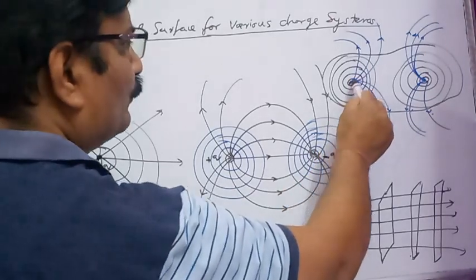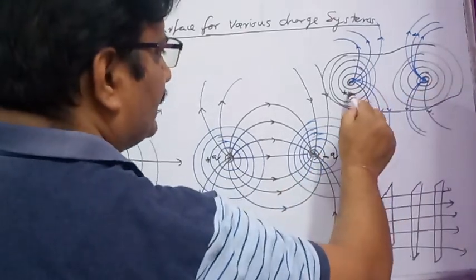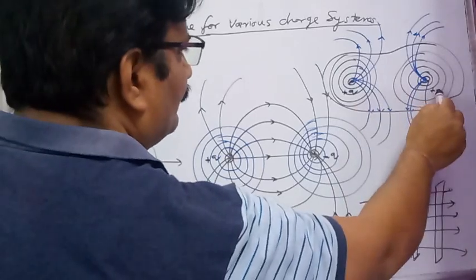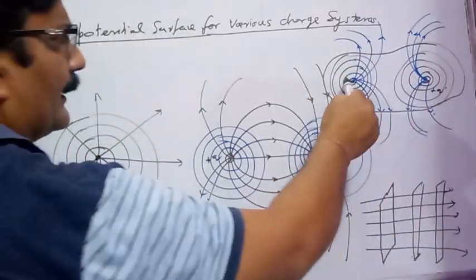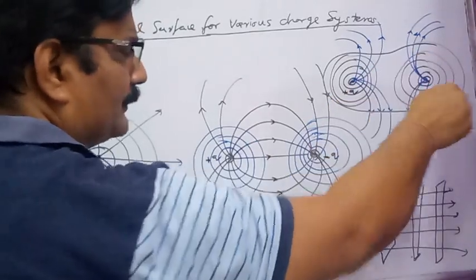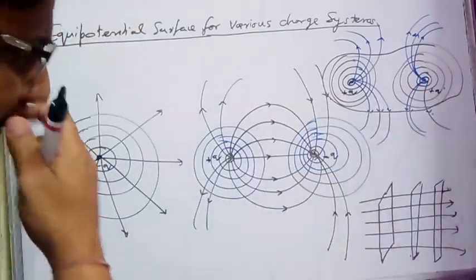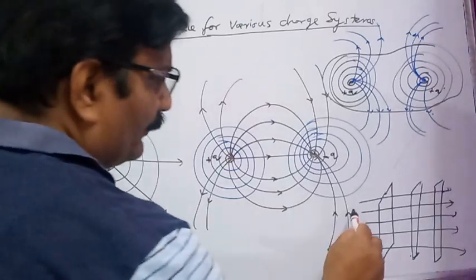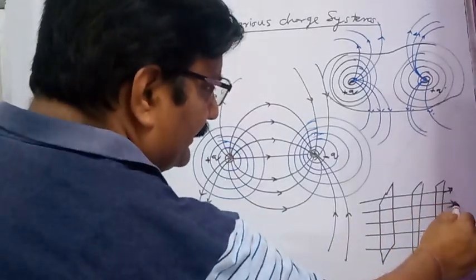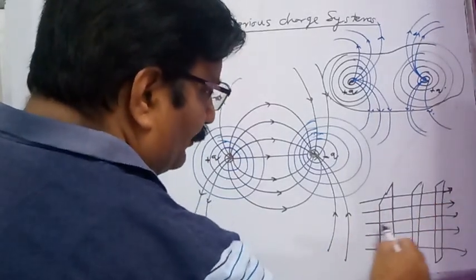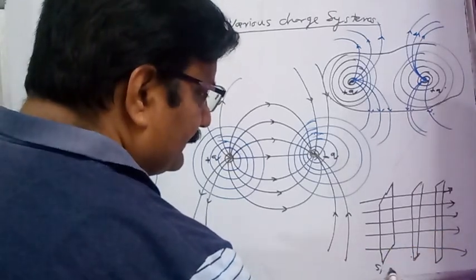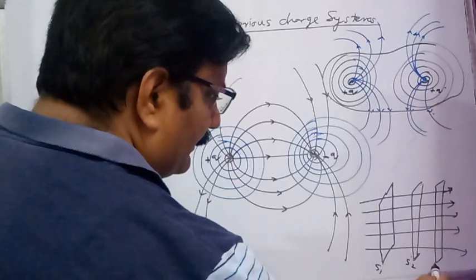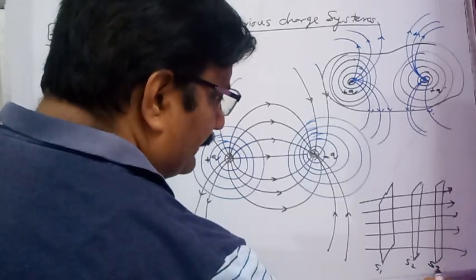For a system of two similar charges, suppose both the charges are plus q and plus q, these are equipotential surfaces, concentric spheres, with electric lines of force moving out from the surface of the spheres. In a uniform electric field, the electric lines of force are parallel lines, but equipotential surfaces are equidistant planes.